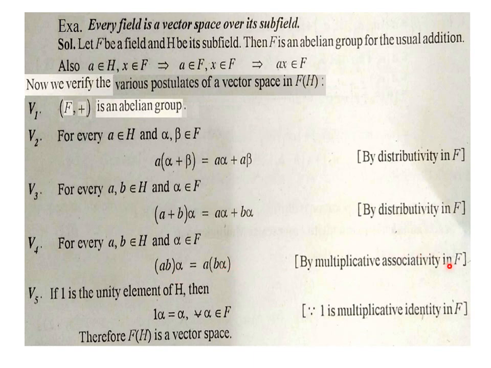That means the definition of field is utilized again. And if 1 is the unit element of H, it means it is an element of F also, and alpha is any element of F, and 1 and alpha is a product of two elements of F. One is the multiplicative identity of F, and using the definition of field again, that result is obtained.